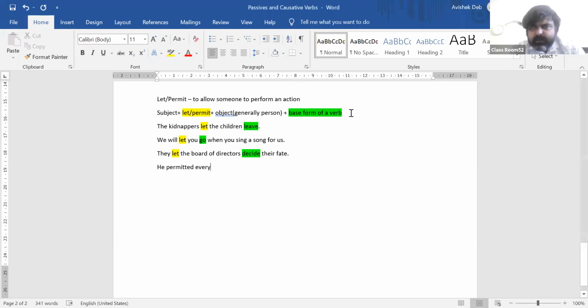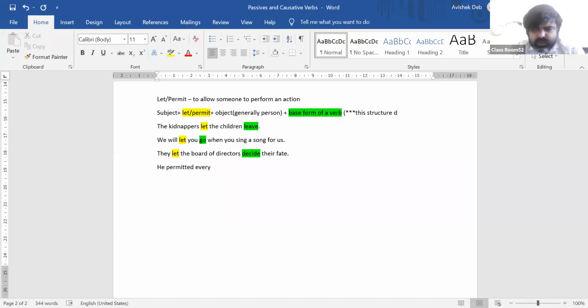I should say that in case of let, please write it down or take the picture.